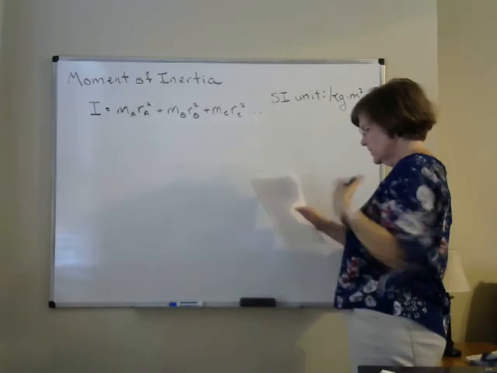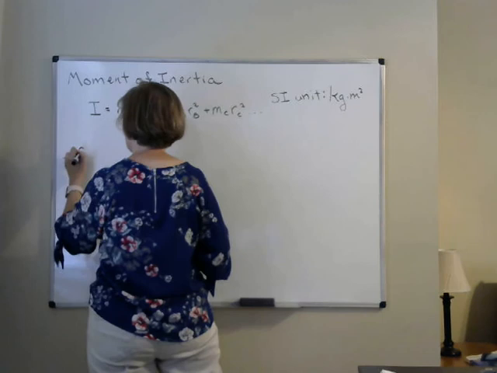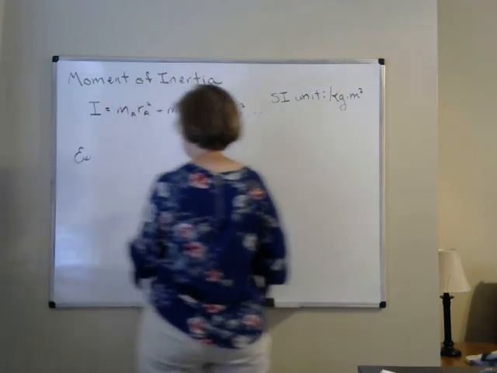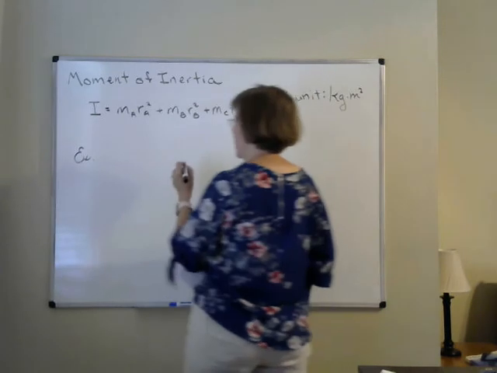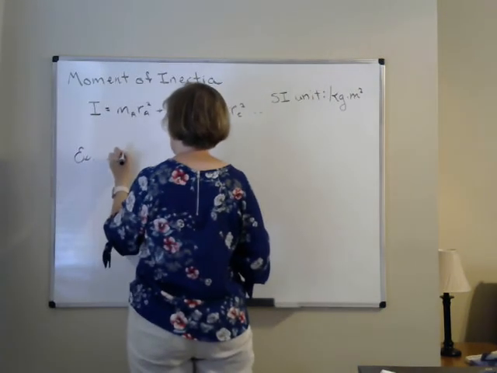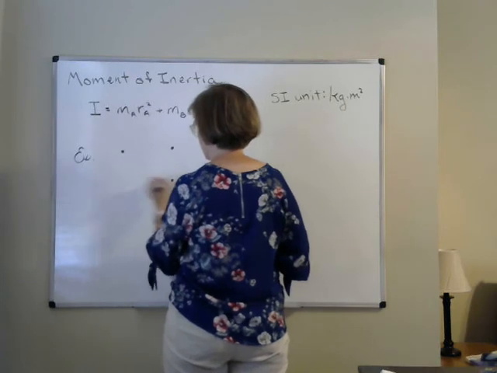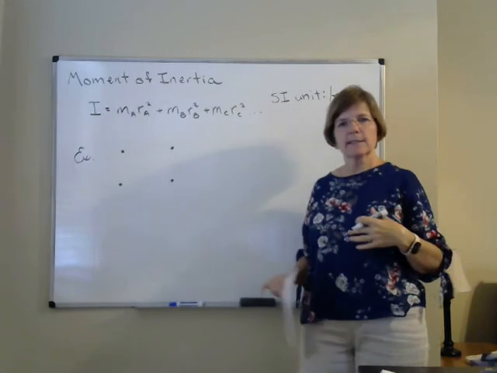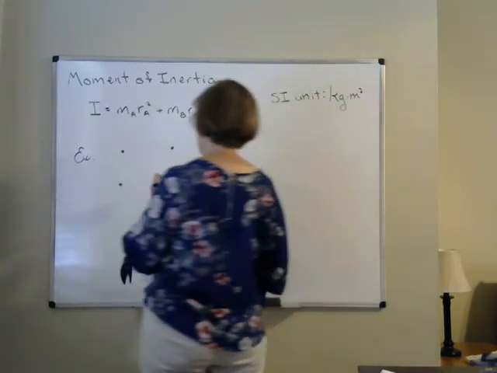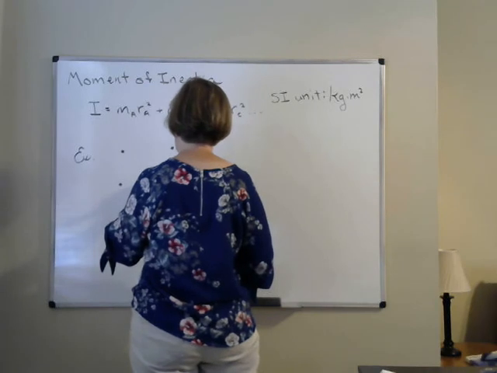Now, let's just look at a simple example. Let's suppose that we have 4 point masses. And I'm making this problem up even as I work it. We're going to let them be point masses, and they're attached by a thin rod.